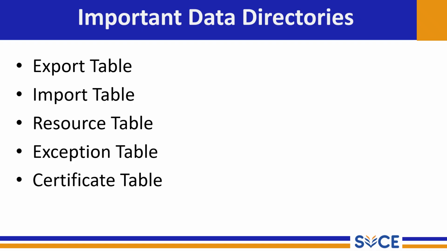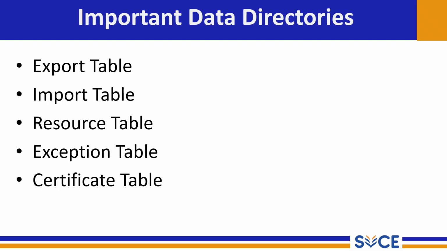There are totally 16 predefined types of data directories, each identified by an index in the array and pointing to different types of information that is essential for the PE file's operation.